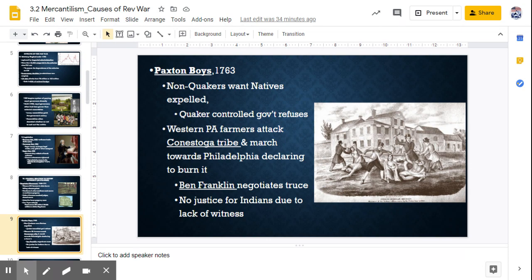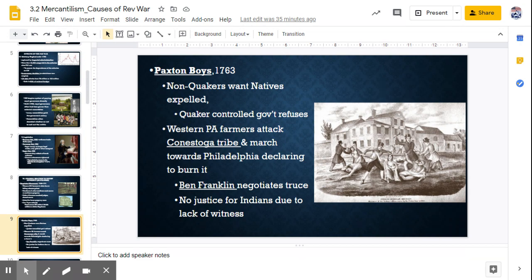But both of these things create the situation in which we have colonists who are unhappy. They feel that something is unjust. By today's standards, we may not see it as unjust, but they certainly did. And they take some kind of violent action against it. Their protest is one besides just simply signing their name to a piece of paper. They might burn things. They might attack people, threaten violence.